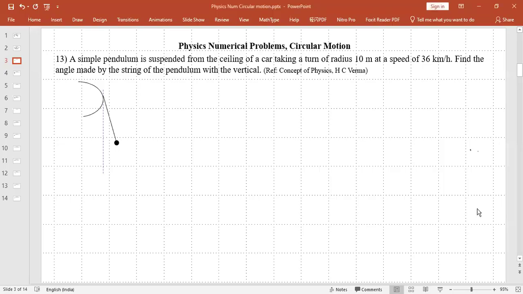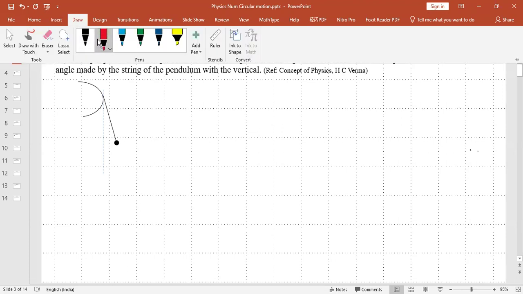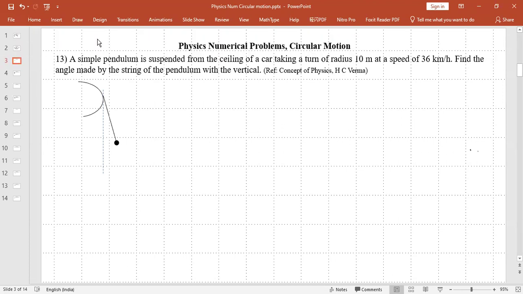Now let's take another problem, number 13 of your textbook, circular motion. Here again, the problem is not at all difficult. I'm taking it up for your understanding. A simple pendulum is suspended from the ceiling of a car taking a turn of radius 10 meters.